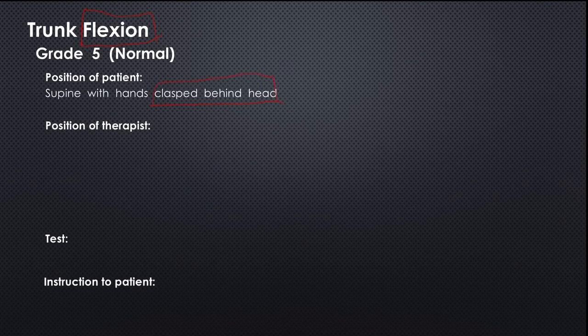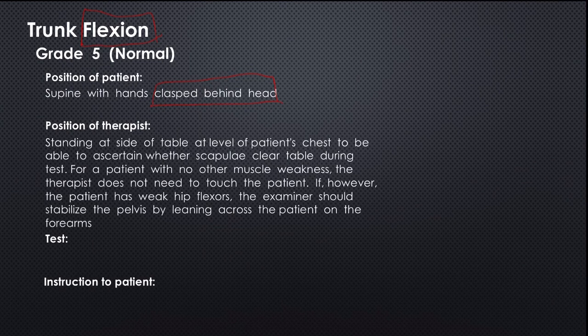Position of therapist: standing at the side of the table at the level of the patient's chest, to the point that you can assess that the scapula is cleared from the table. For a patient with no other muscle weakness, the therapist does not need to touch the patient. If, however, the patient has weak hip flexors, the examiner should stabilize the pelvis, leaning across the patient on the forearms.